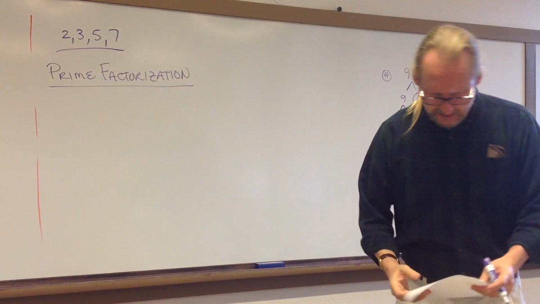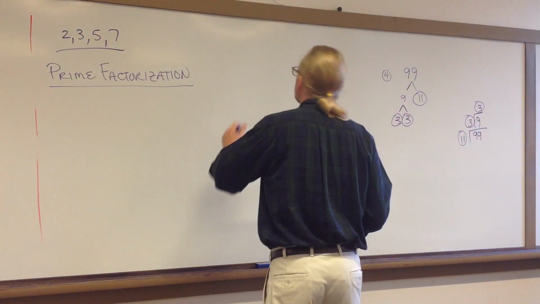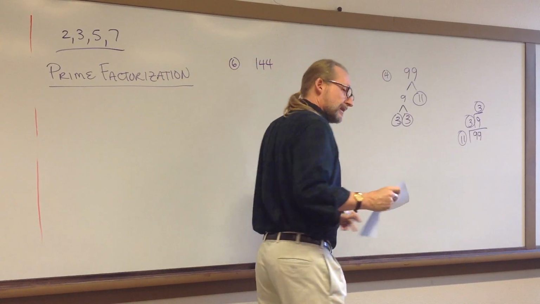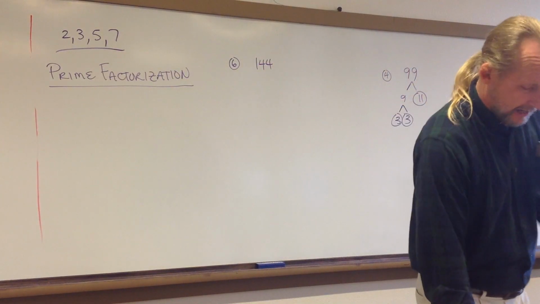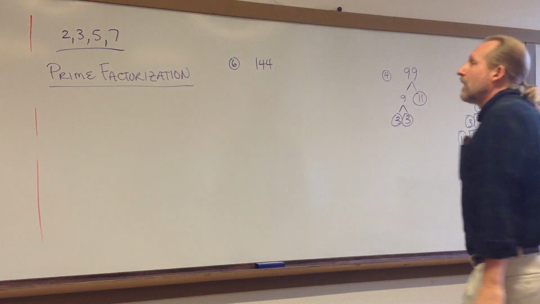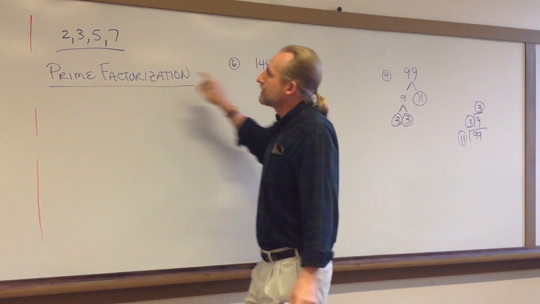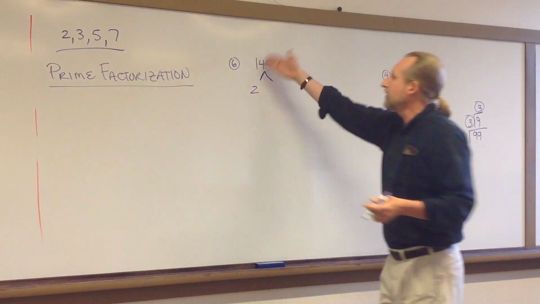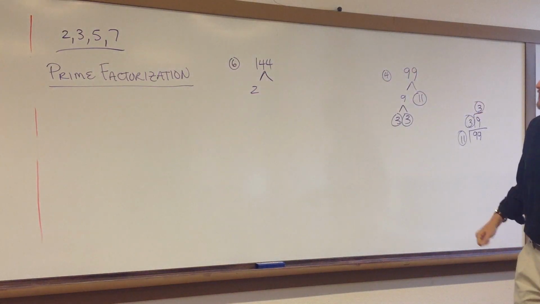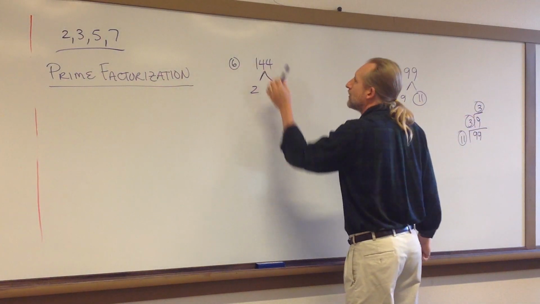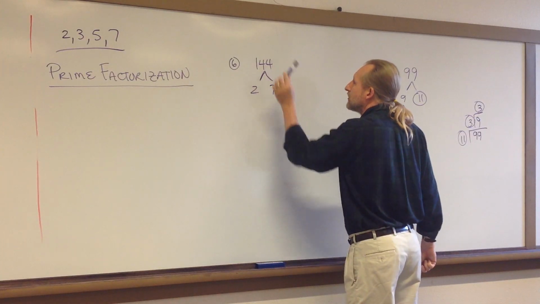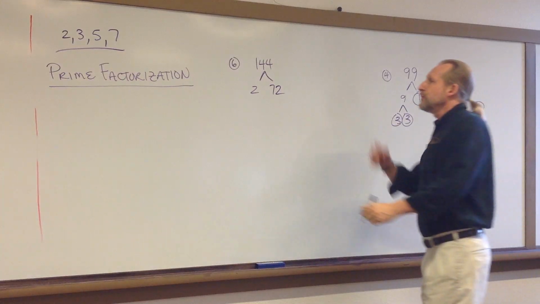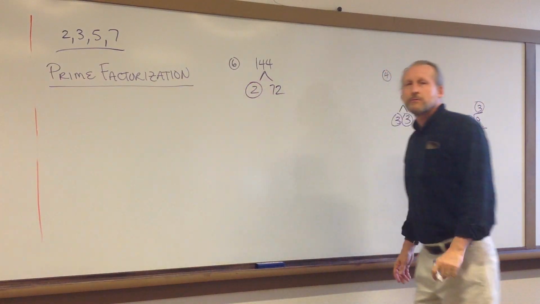Okay, let's see here. Problem 6. Now, 144. This has a lot of factors in it. Okay, well, it's an even number, so let's just divide it by 2. And you can use your calculator to do 144 divided by 2, but you can see 2 goes into the 14 7 times, 2 into 4 goes twice. So this is 2 times 72. The 2 is prime. Let's leave it alone, okay?